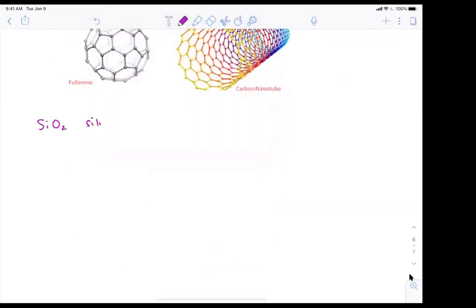SiO2, silicon dioxide. You would think that silicon dioxide, because silicon is in the same group as carbon, would have a similar structure as carbon dioxide. But it turns out because silicon is slightly larger, it doesn't really have the ability to form that kind of independent structure.